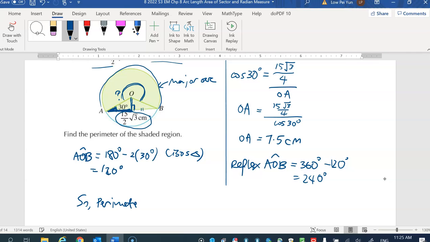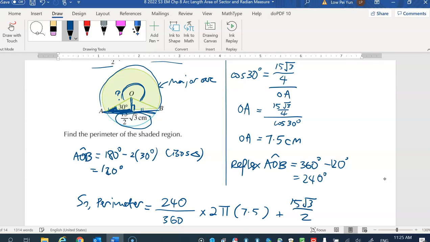Perimeter is equal to my major arc, 240 over 360 of circumference 2 pi 7.5, plus AB, don't forget your chord AB, which is given by the question.